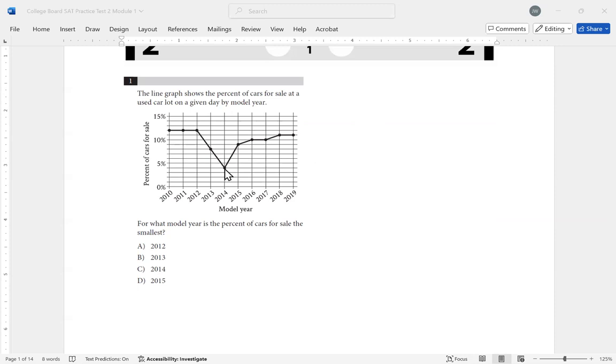And we can see at the lowest point, that is the year 2014. And so the answer to this is C, which is 2014. So the answer to problem number 1 is 2014, which is C.